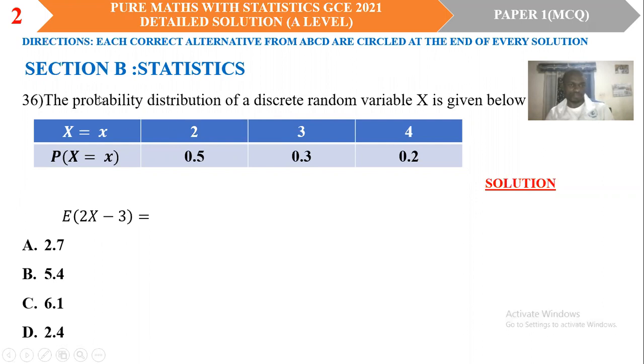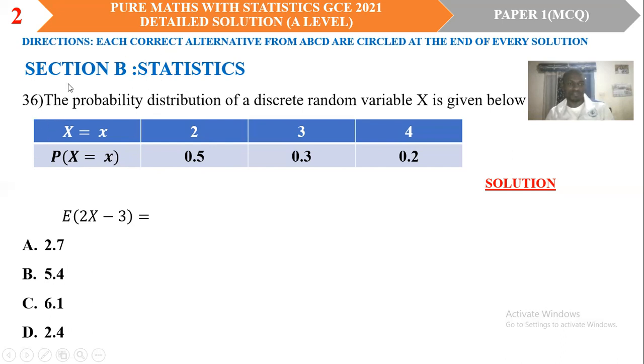This paper normally consists of 50 questions, but questions 1 to 35 are mainly concerned with the pure mathematics part, which was already solved. There is a paper in this group of videos on the channel labeled Pure Mathematics Advanced Level 2021 Detailed Solution.